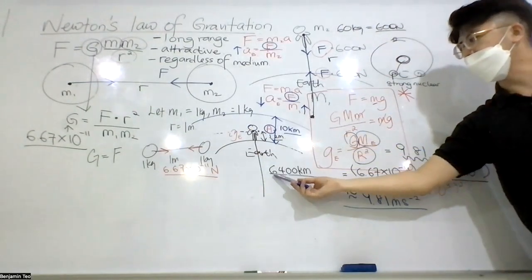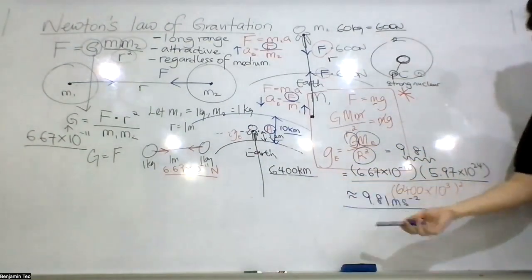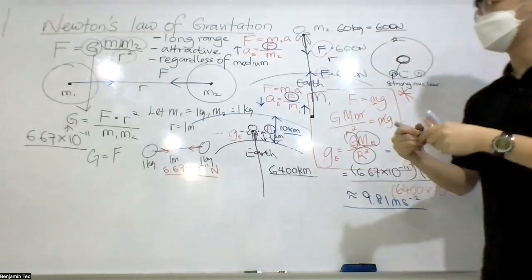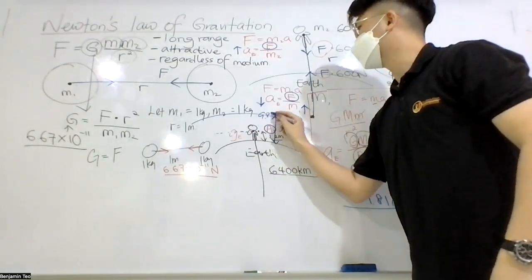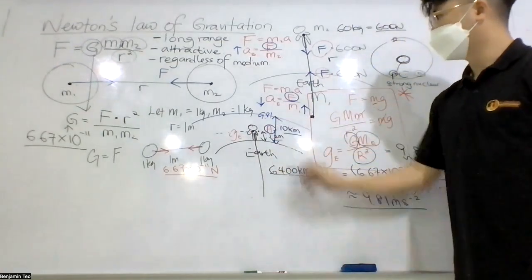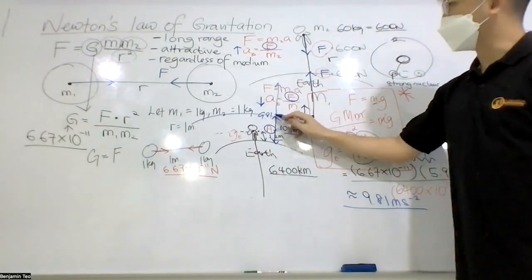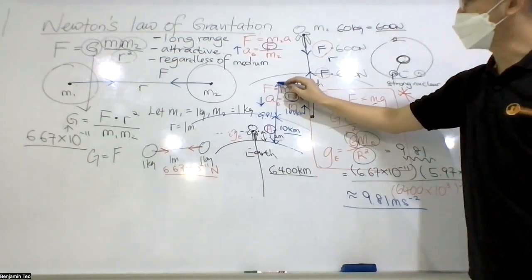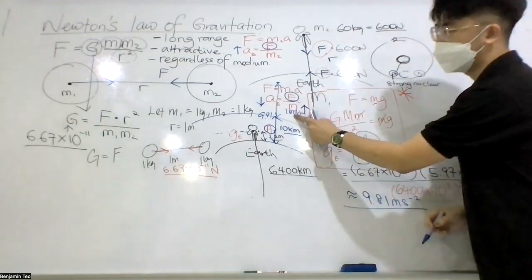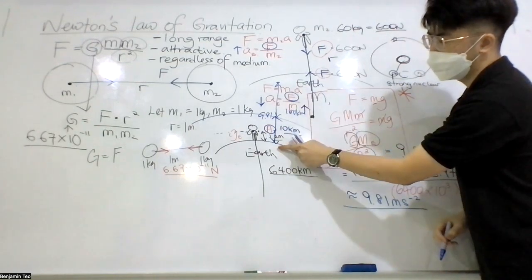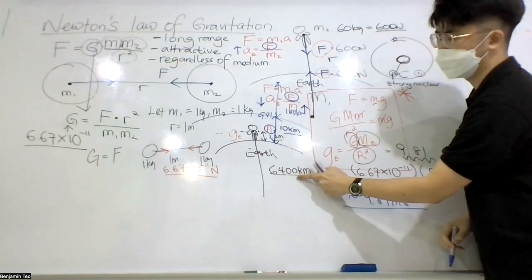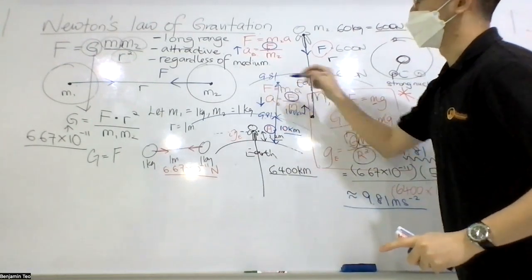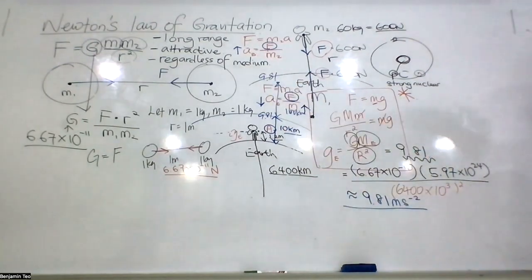Compared to the radius of the Earth, 6400, nothing. Again, at 10 km altitude, what is your G? Again, 9.81. No difference. 100 km, add another 100 km vertically upward. What is your G over here? 100 km from the surface compared with 6,400 km, also nothing. Still very close to 9.81.